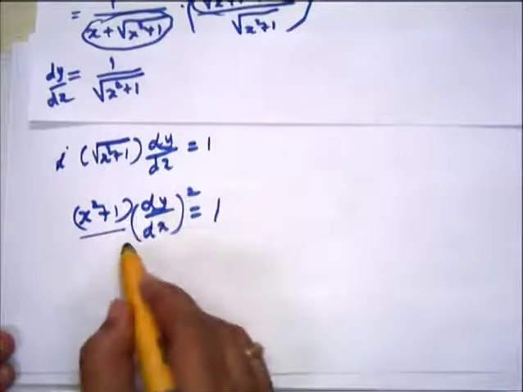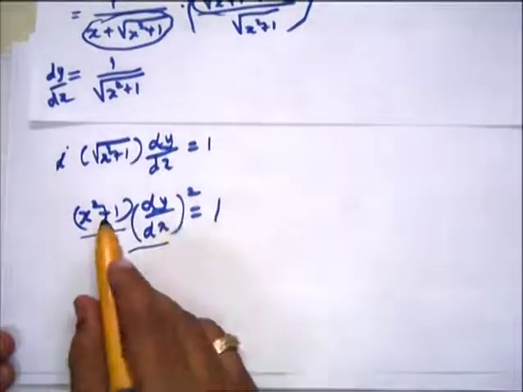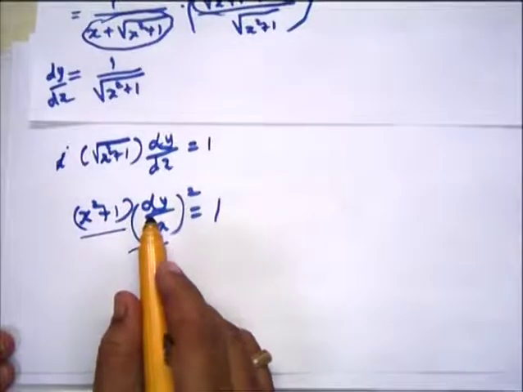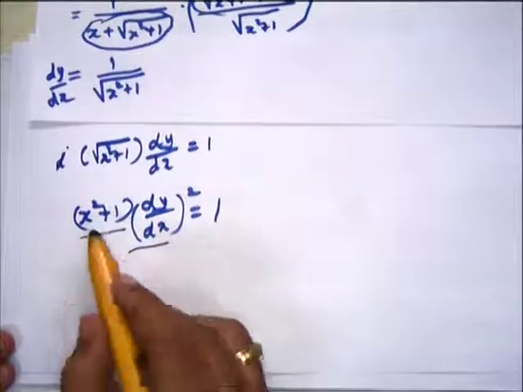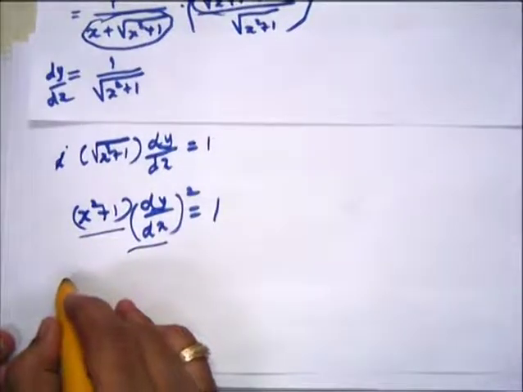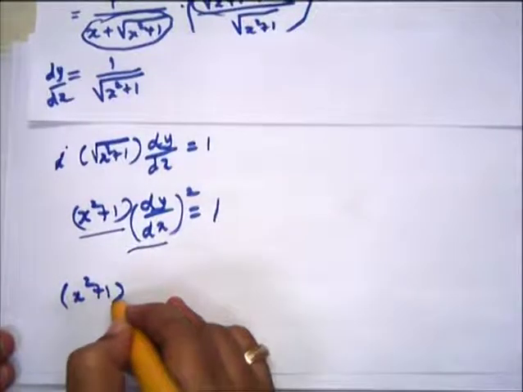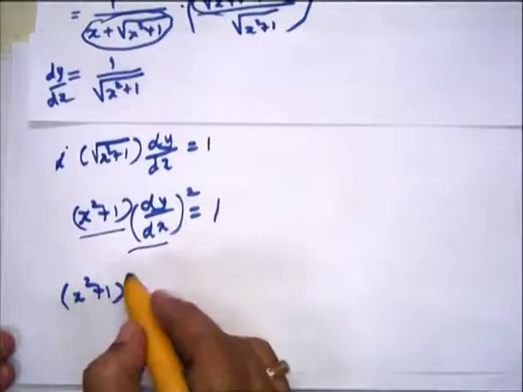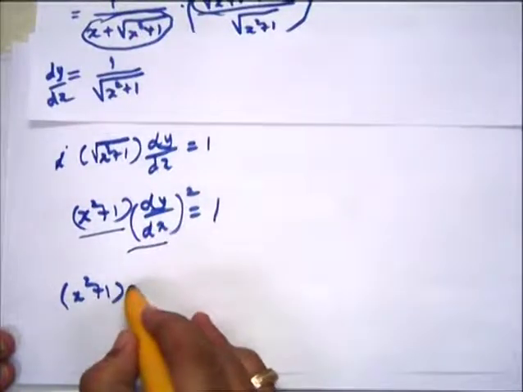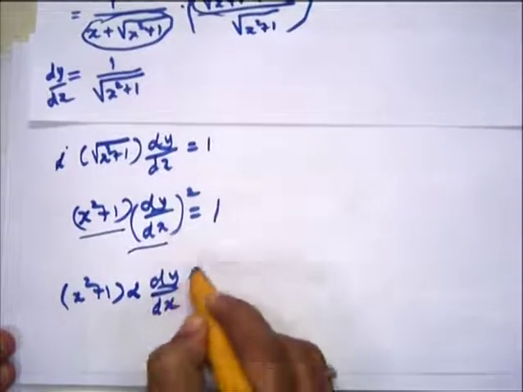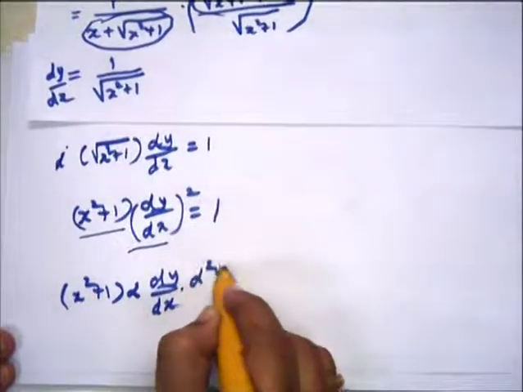Here we have a product of 2, 1 and 2, so we differentiate this keeping this constant and differentiate this keeping this constant. So we keep x square plus 1 constant into the derivative of this. It is 2 dy by dx into d2y by dx2.